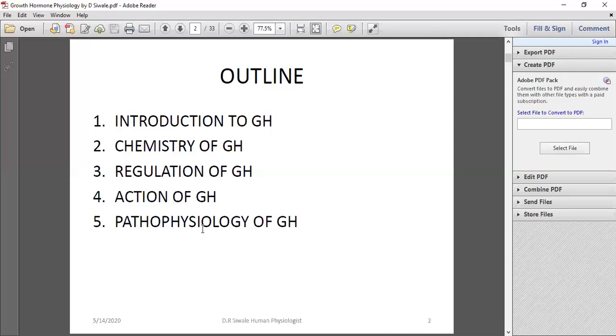And then the pathophysiology. Let's say if anything goes wrong with a hormone, what really happens to the body? Under pathophysiology, there can either be excessive secretion of the hormone or under secretion of the hormone.